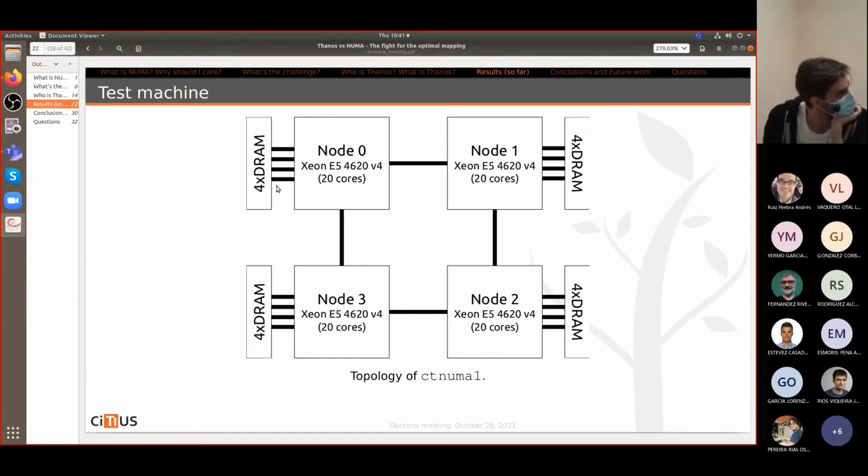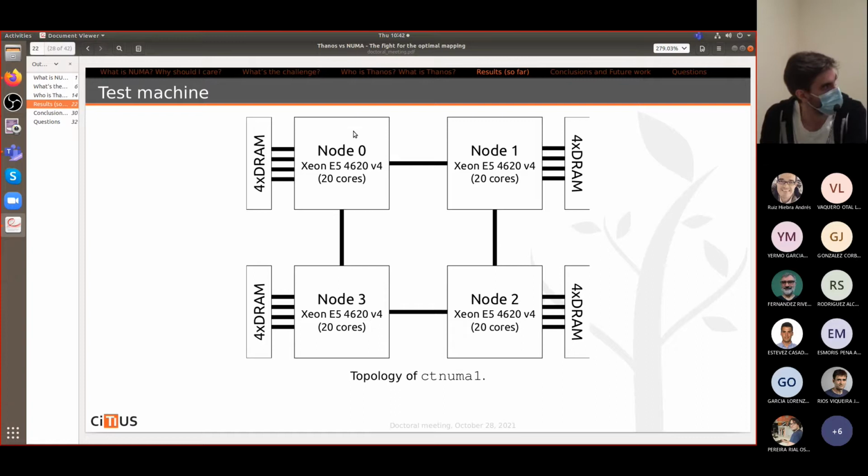Yeah, additional connections, because in this system, access from one corner to the other corner is slower than access in the same row. But if you have other connections, yeah, the access is much faster.